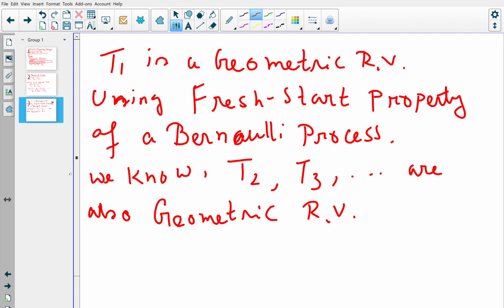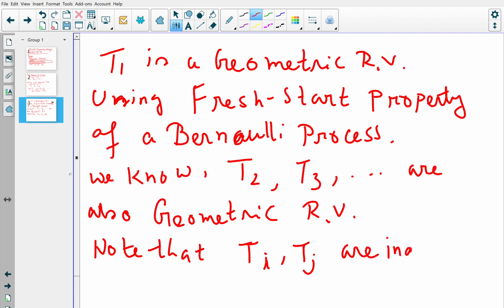Originally we defined it by a sequence of random variables, remember, a sequence of independent Bernoulli random variables. Now note that any Ti and Tj are independent random variables whenever i is not equal to j.